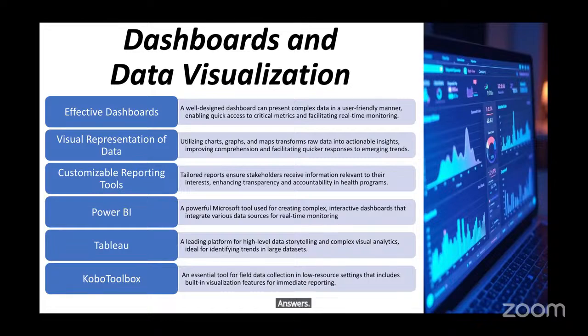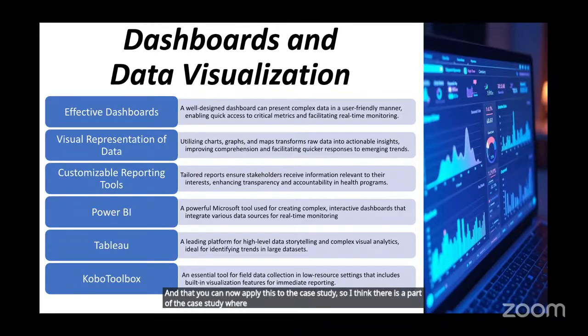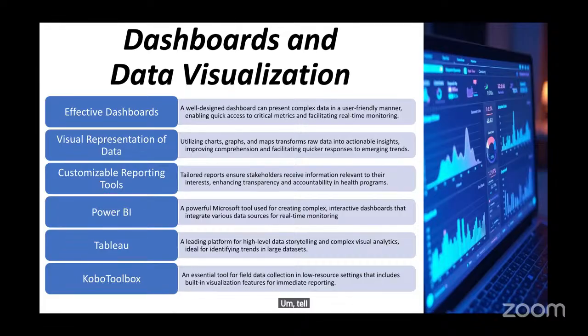Okay, so we're not seeing any questions from the audience, and I can't see any in the chat as well. So we take it that this has been well understood, and that you can now apply this to the case study. I think there is a part of the case study where you also have to tell us how you are going to collect data for your case study and the kind of analysis you will do on it.